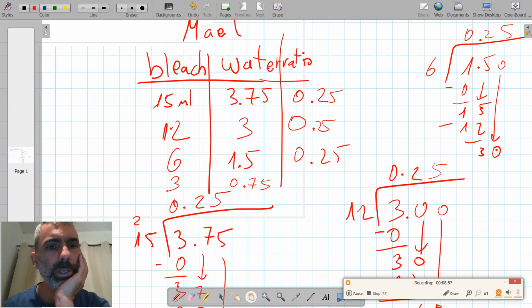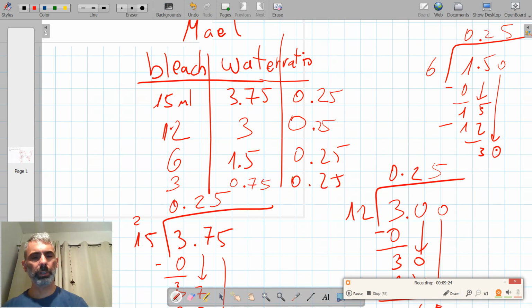So for every 1 milliliter of bleach, I use 0.25 liters of water. So if I divide 0.75 by 3, yes, I get 0.25. Okay. So option C is also correct.